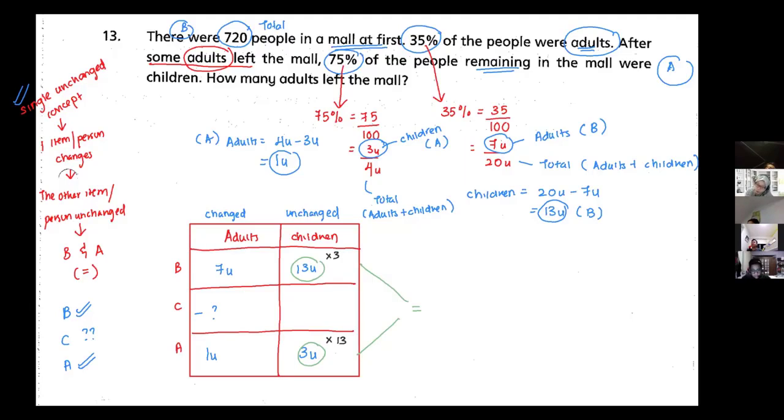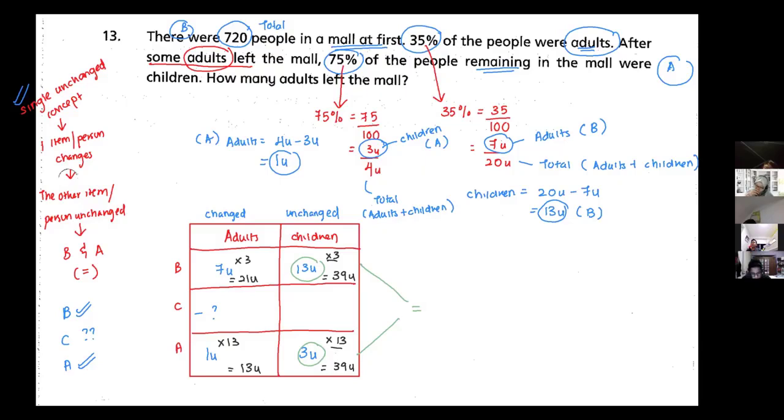Whatever I do to the box in the row, if I times 3, here must also times 3. Here times 13, here also times 13. This will be 21 units. This will be 39 units. And this one is also 39 units. And this is 13 units. Then we check. Now, the before children is 39, which is equal to the after children that is also 39. So, yes, confirmed. These children is unchanged.